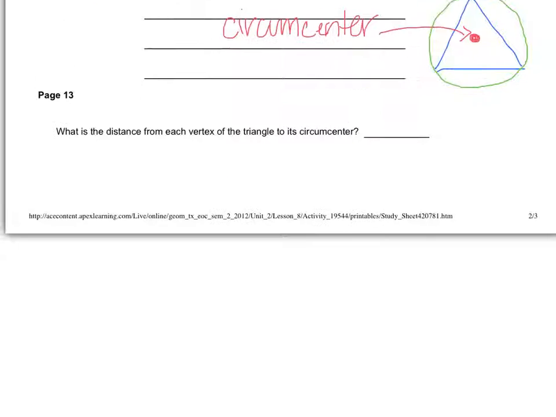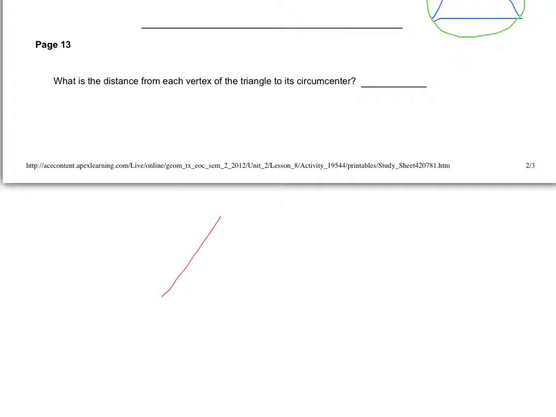So if I want to draw my perpendicular bisectors, they split the sides in half. So I'm going to draw another triangle. Here's my triangle, and I'm going to draw a perpendicular bisector, which means it's splitting the side in half and it's perpendicular. So it would be here, and here, and here.